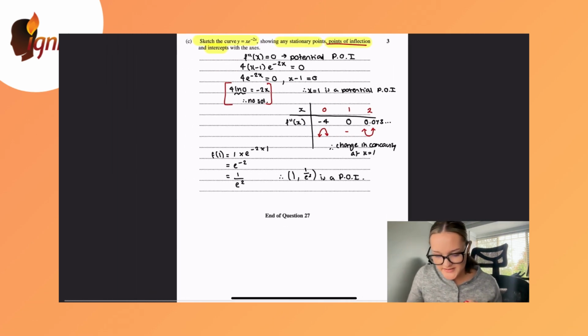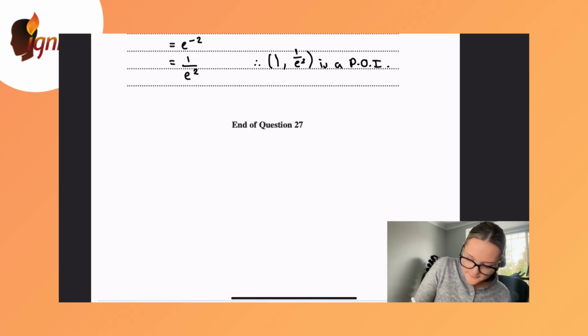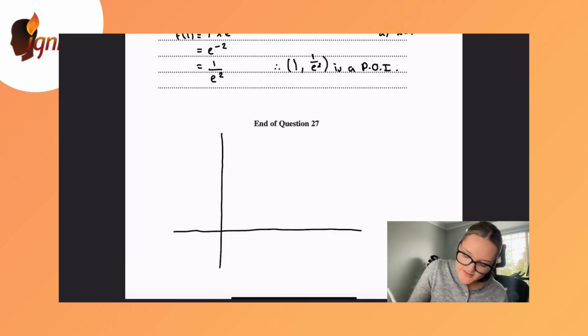Okay, I also want to be sketching here. So I know I'm going to draw my axes. So first thing I can do is I can write where, let's say, 1 is about here. We also have 1, we have a half here because that was my stationary point.